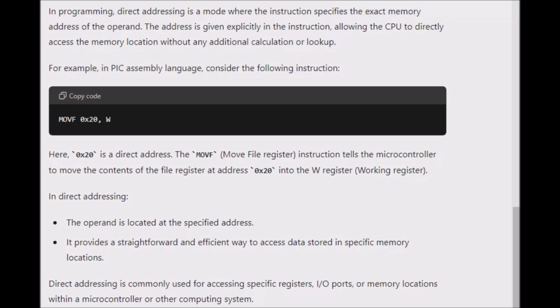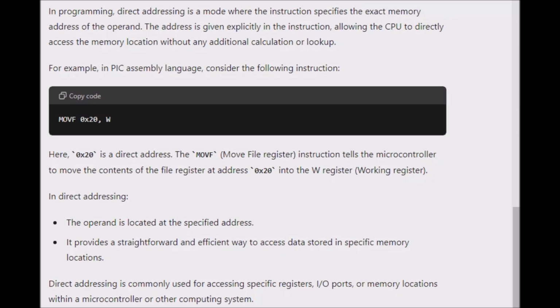In direct addressing, the operand is located at the specified address. It provides a straightforward and efficient way to access data stored in specific memory locations.